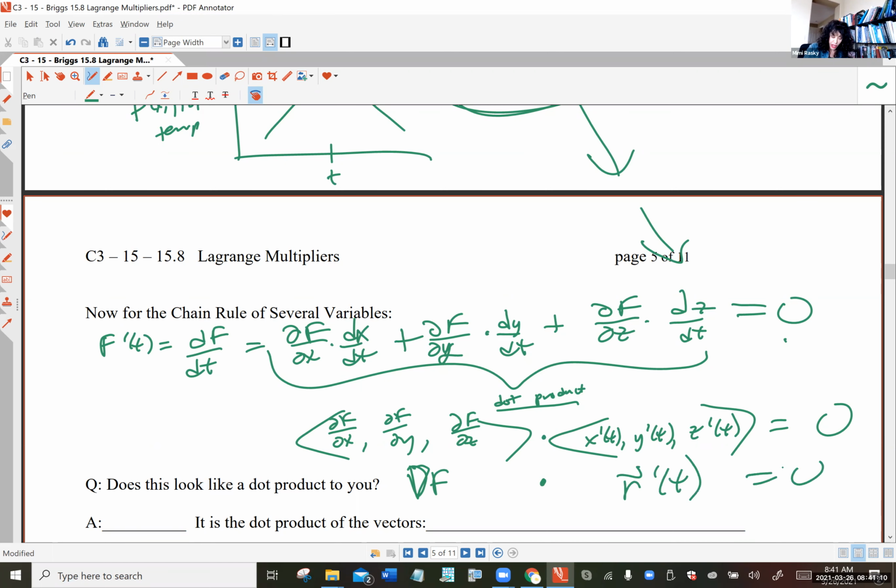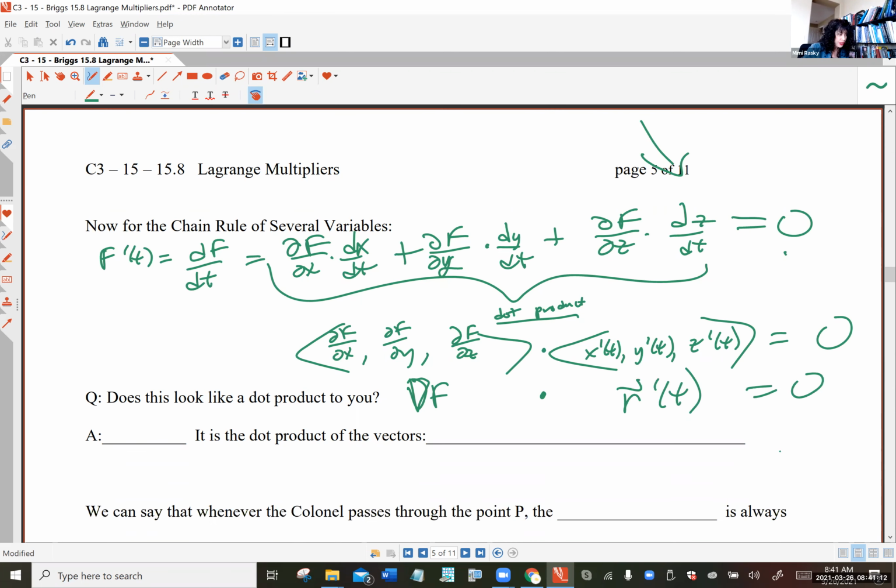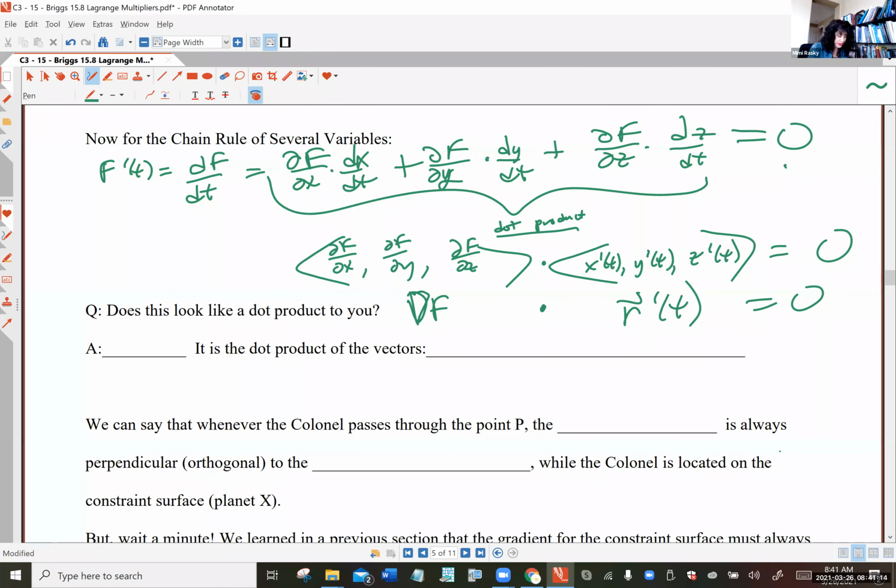And you're saying that the dot product of those two vectors is 0. So does this look like a dot product? Yes. It's the dot product of the gradient of f and r prime, the tangent vector to the curve.